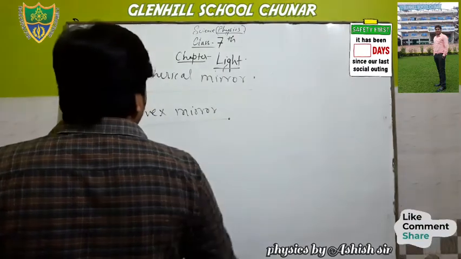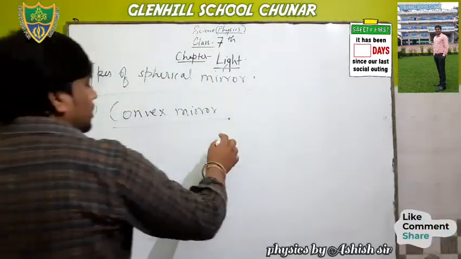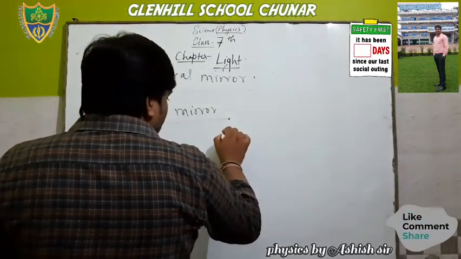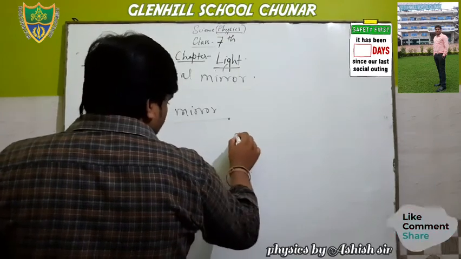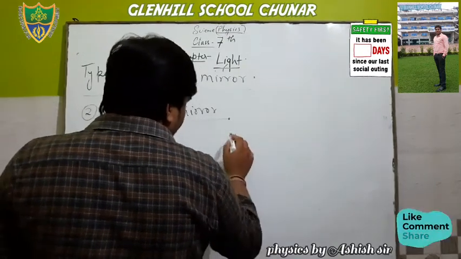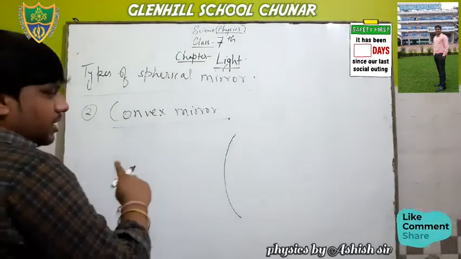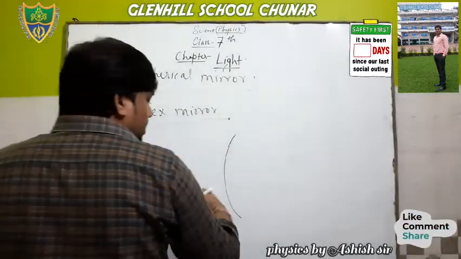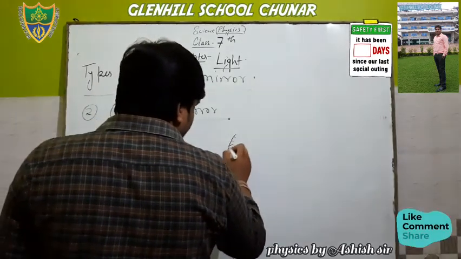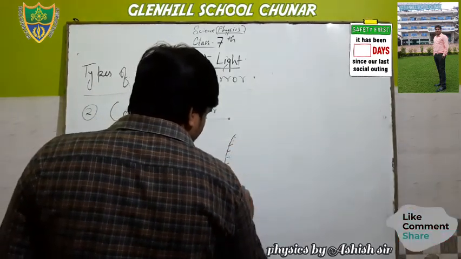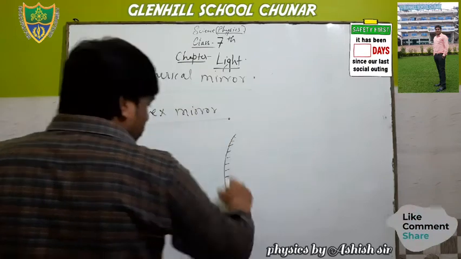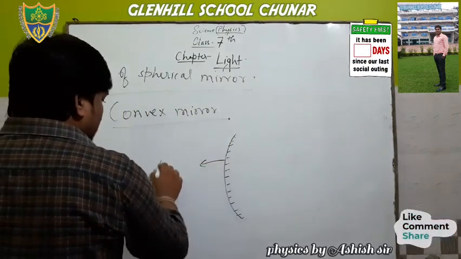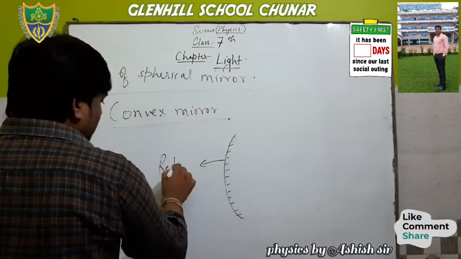In a convex mirror, simply what happens? The mirror is the same, but the outer, bulging surface is polished, and the inner hollow surface is painted. The outer surface acts as the reflecting surface.